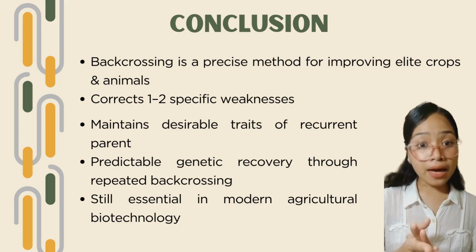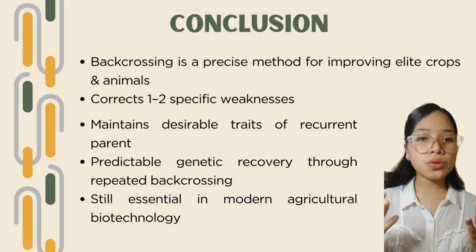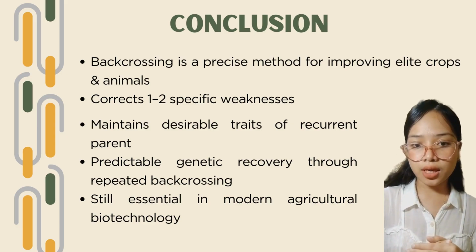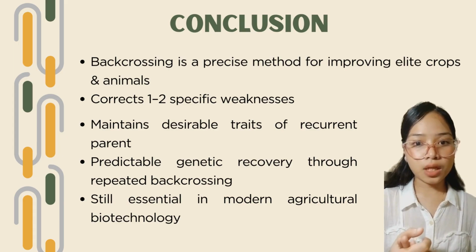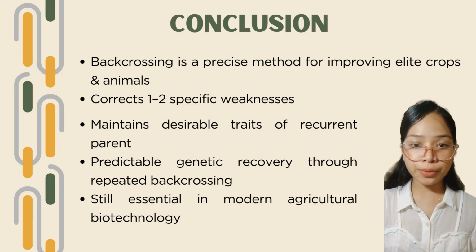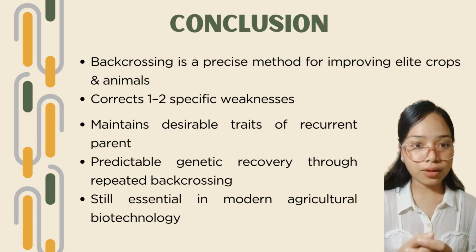Through repeated backcrossing, we can almost completely recover the genetic makeup of the recurrent parent, ensuring it still performs the same, only better.